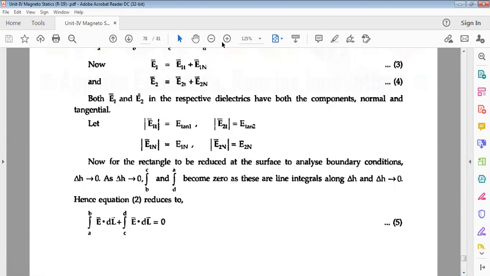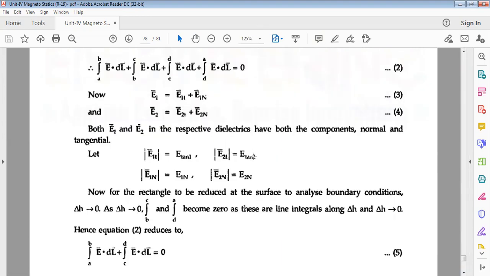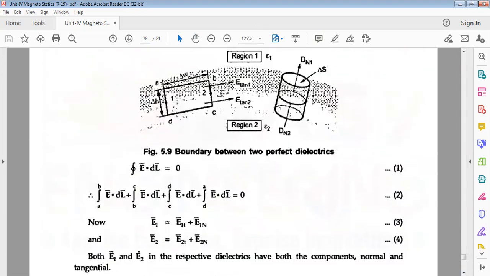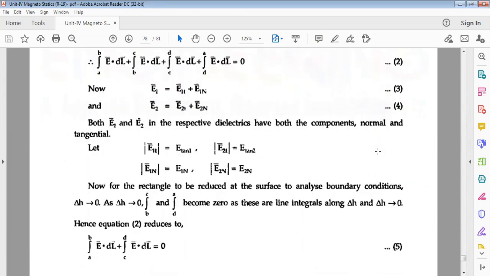The lateral sides are only zeros. A to B is in dielectric 1 and C to D is in dielectric 2, each with the width of delta omega.